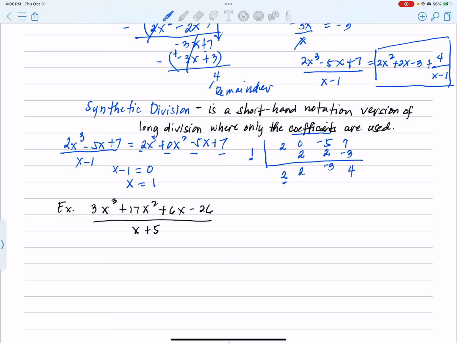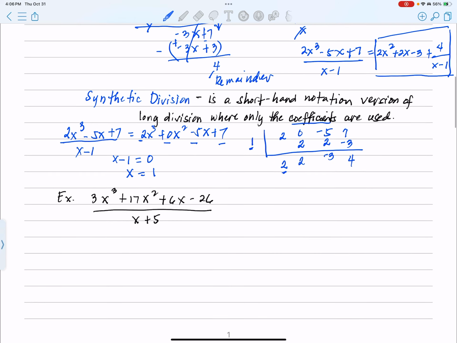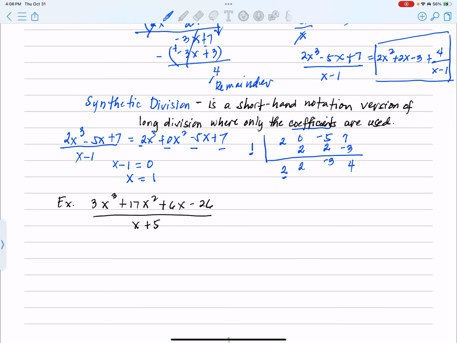So how are you going to write your answer? 2 is our first term, right? So, I'm looking at where I'm going to write the answer here. The answer would be 2, all right? The question is, what would be my exponent?